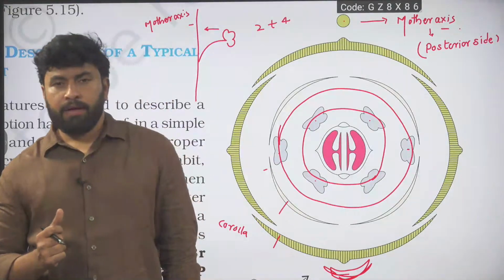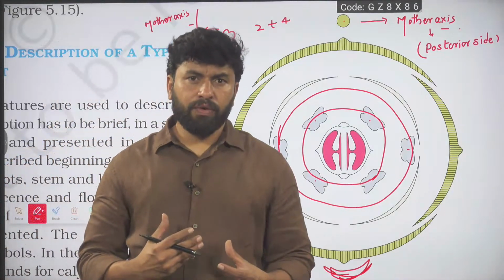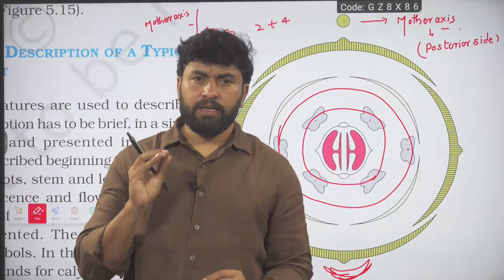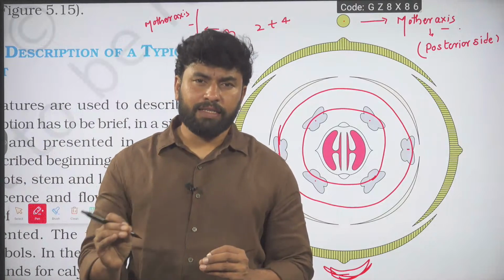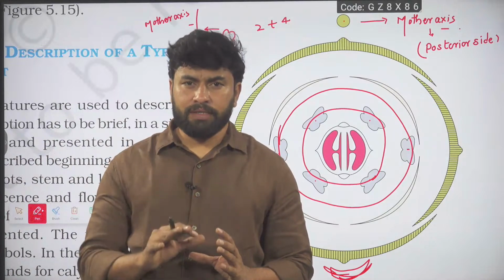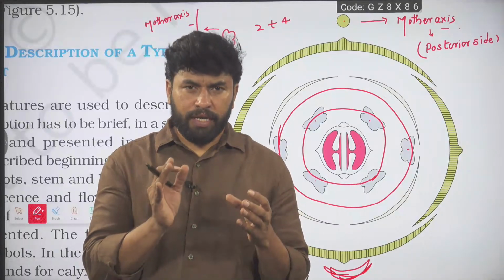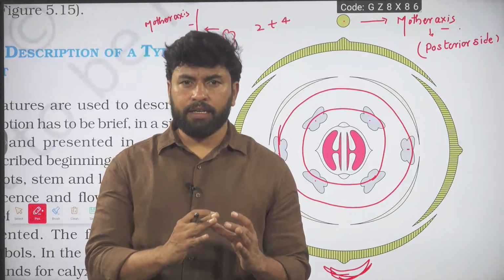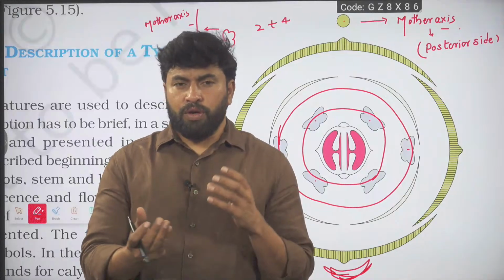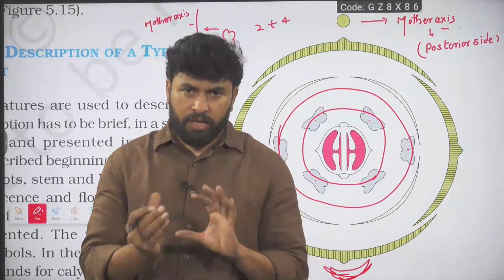Remember, when I was talking about floral formula symbols, think about a flower that has 5 sepals. All are united. How do we represent it? We take 5 under a bracket. But when it comes to adhesion and cohesion, how do we represent it?